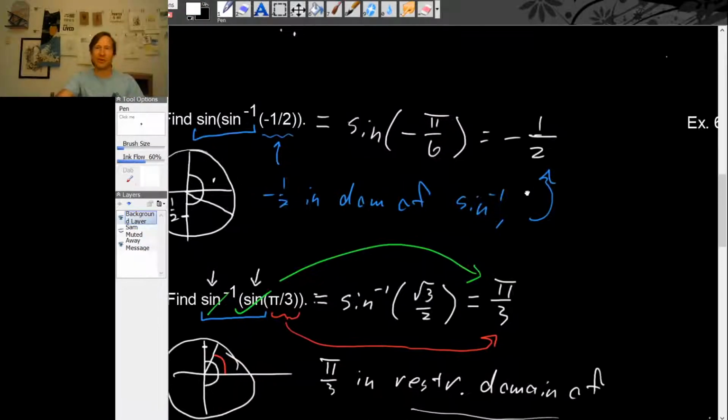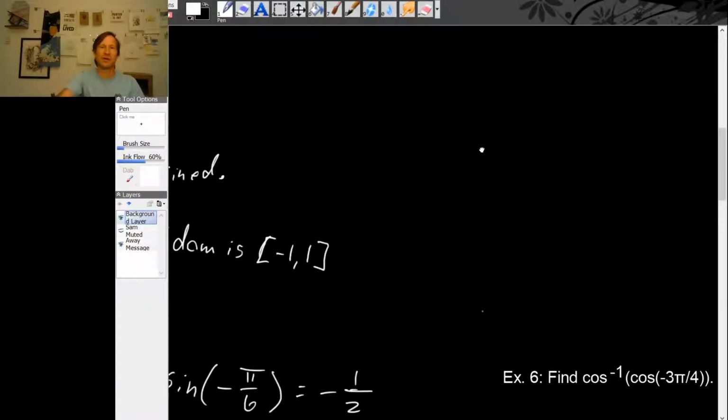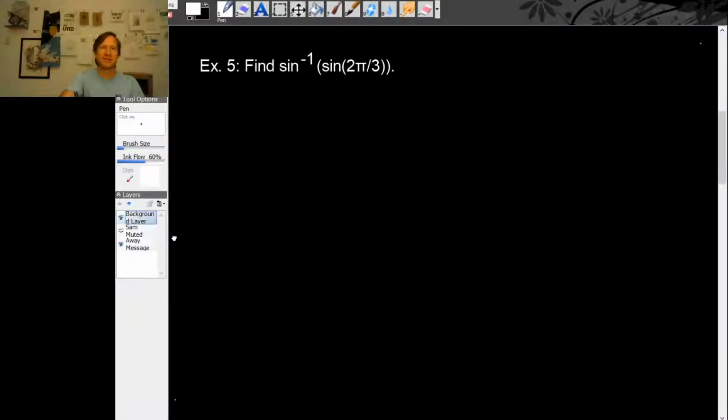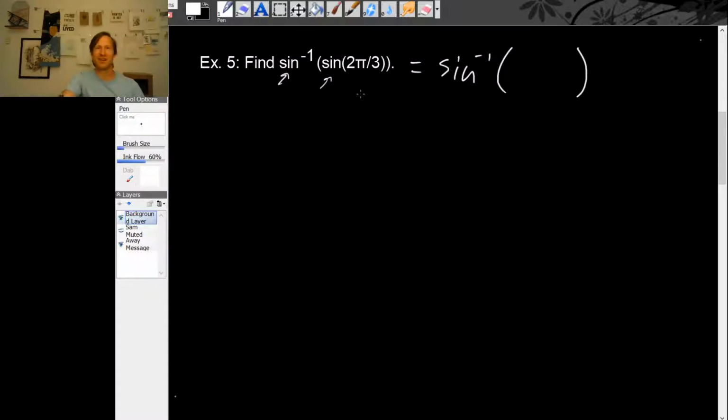Okay, so let's look at a couple more examples. This one looks very similar. It's inverse sine of sine of 2π/3. We can evaluate this from the inside out. Now we want sine of 2π/3, and you might look at a unit circle, but I happen to remember this value.